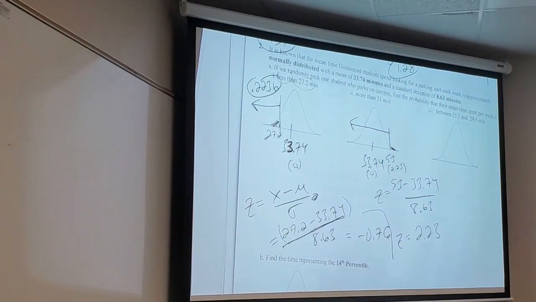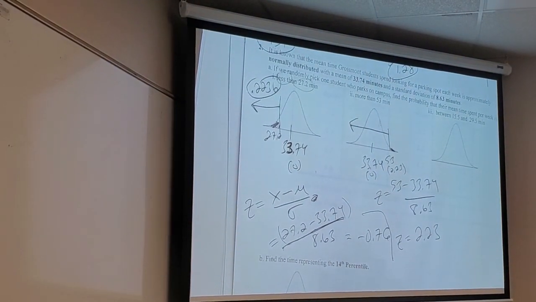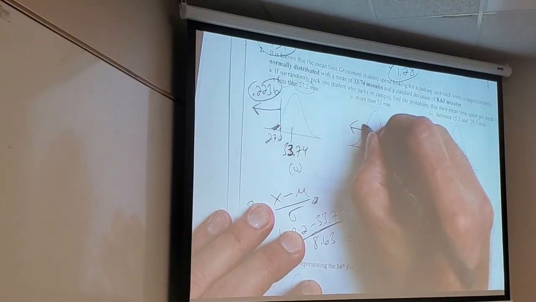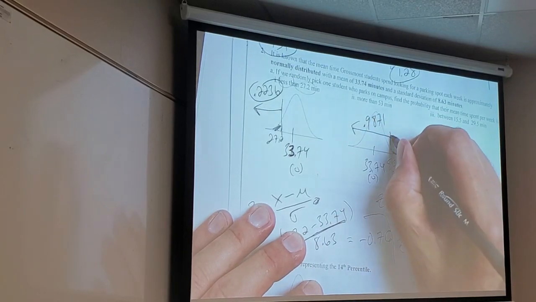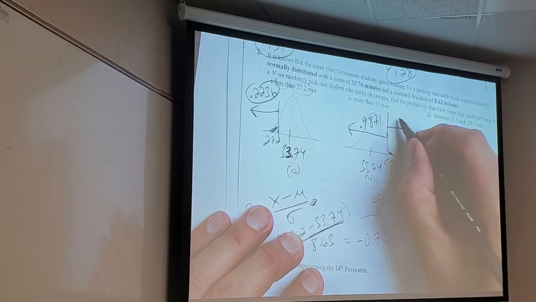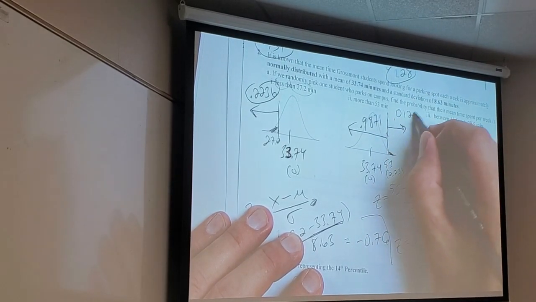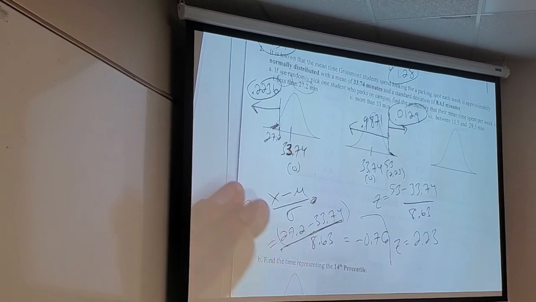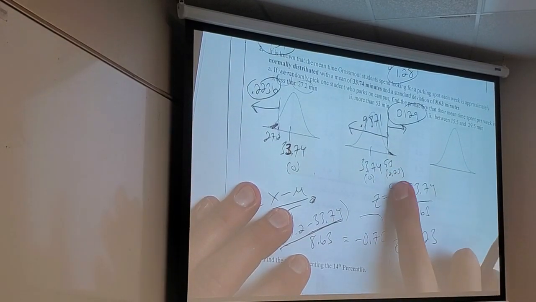So what do you get when you look up 2.23? What'd you guys get? 0.9871. And of course, to figure out the actual answer, I just have to do 1 minus that. 0.0129.